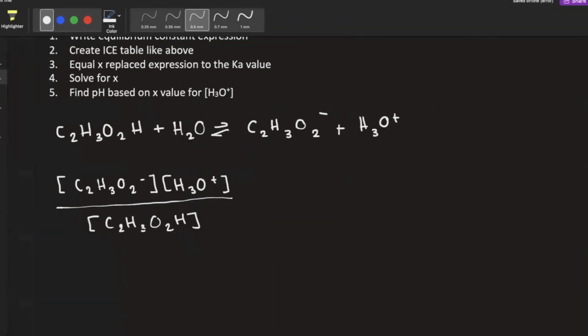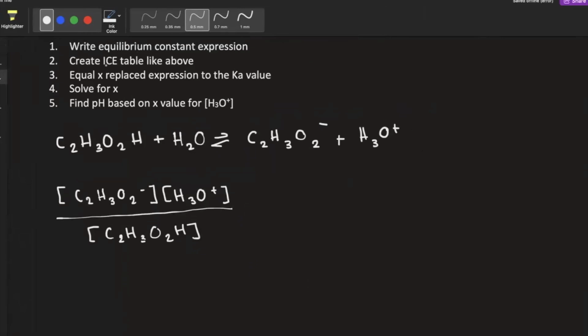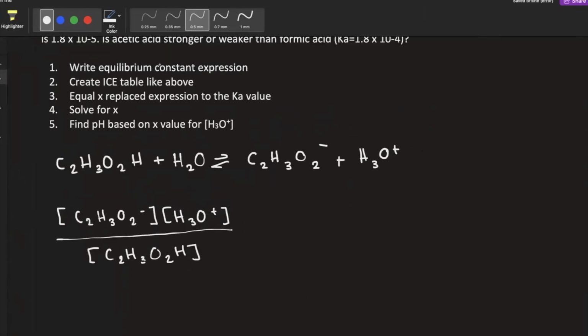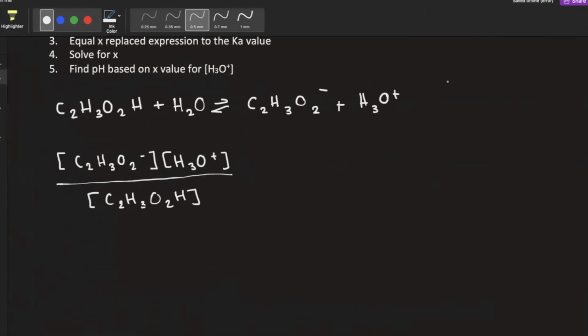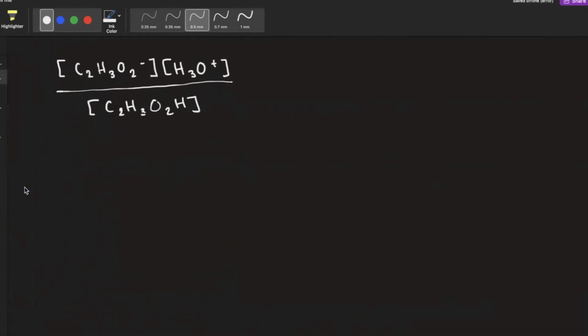Okay, drag back over here. Now we have to create an ICE table like the one above. So first thing we do is write out ICE, I, C, E, the I standing for initial, the C standing for change, and the E standing for equilibrium.